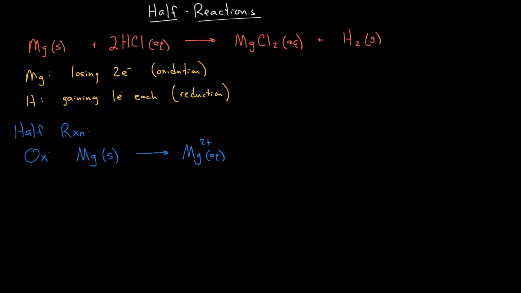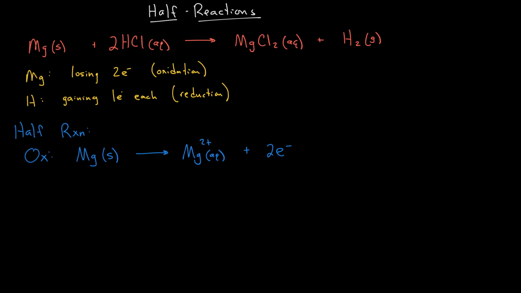We're going to add electrons in there, and since it lost 2 electrons, we're going to add those in as products. So we're going to put magnesium solid goes to magnesium 2+ plus 2 electrons. And so that is going to be the oxidation half reaction.